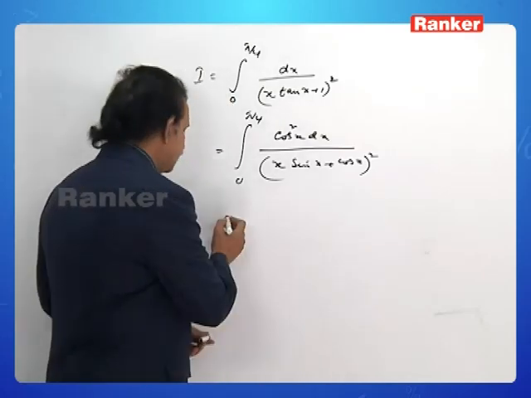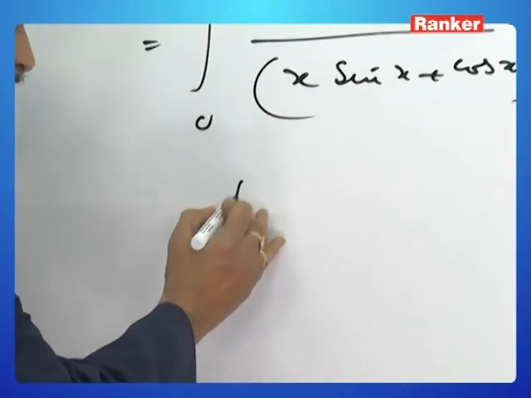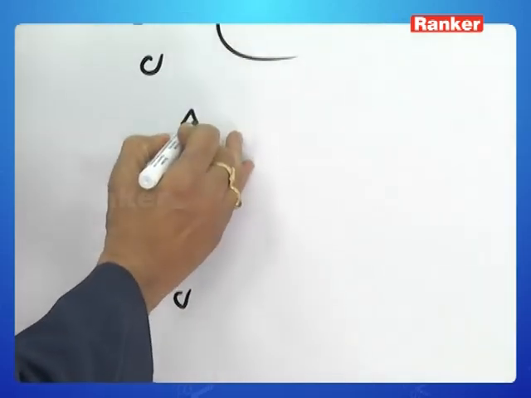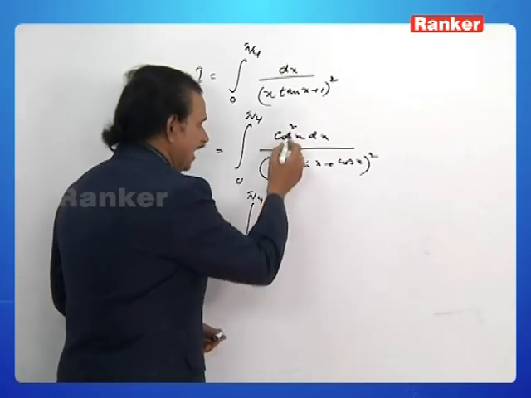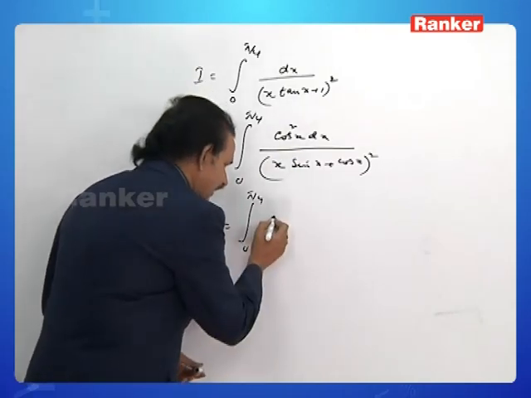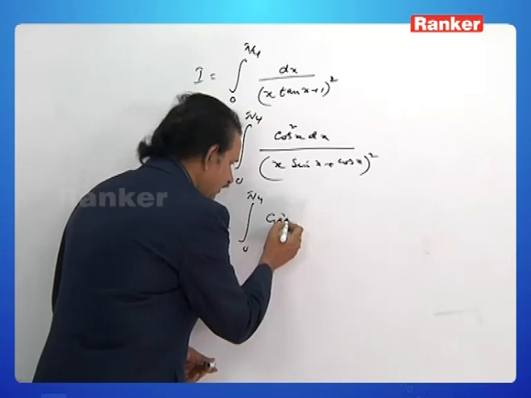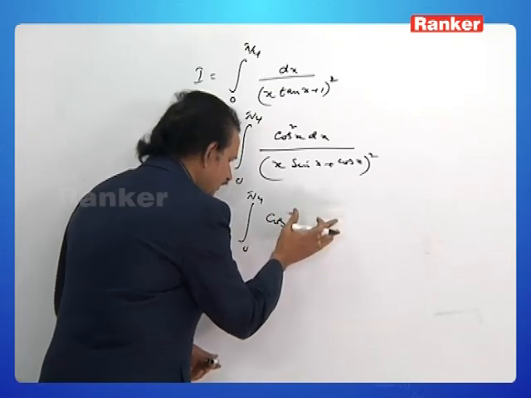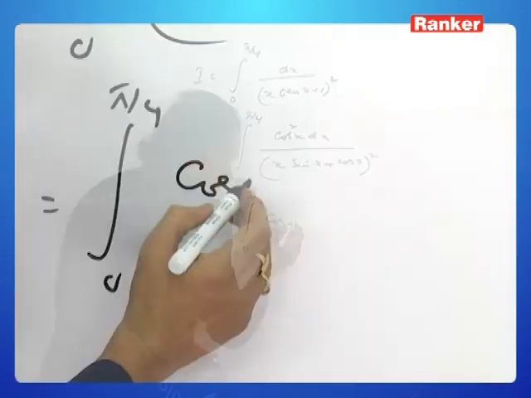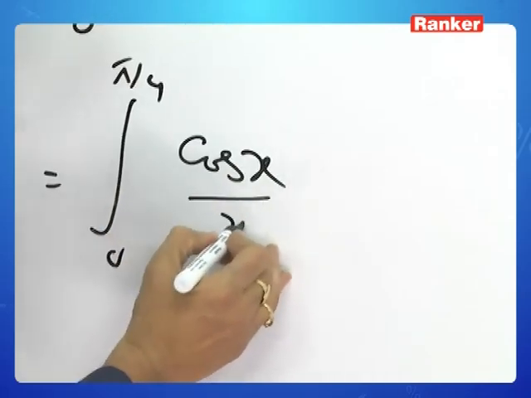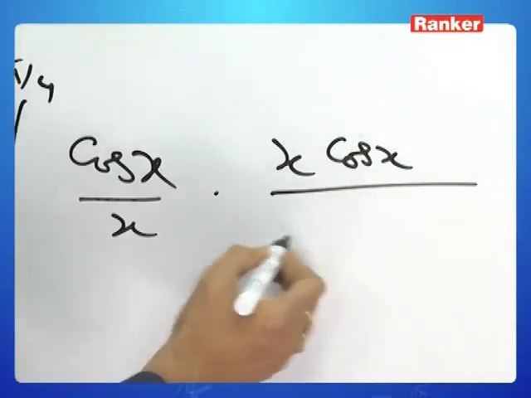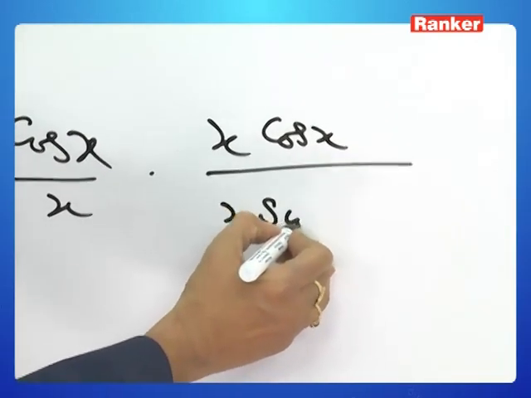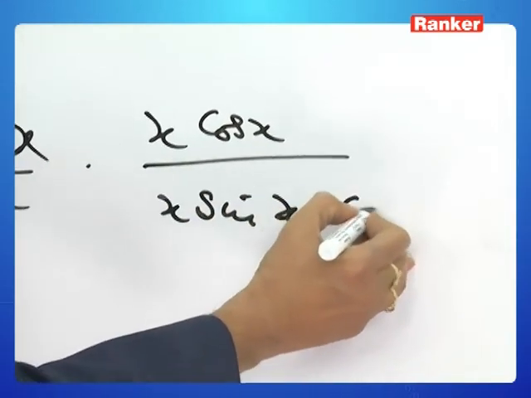Now, the very crucial step here involved in the solution is this. Observe it carefully. I am writing this cos square x as cos x by x into x cos x by (x sin x plus cos x) whole square.